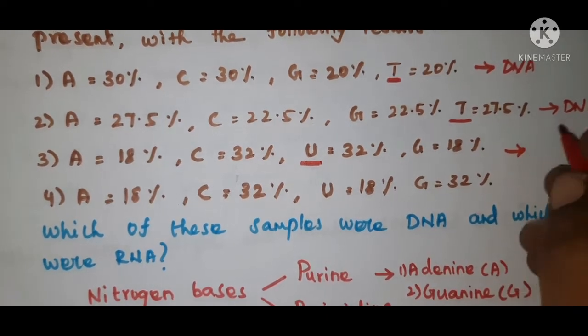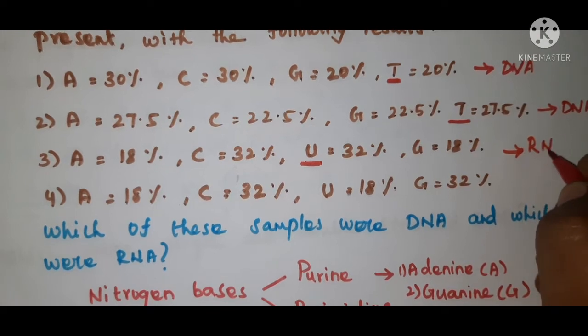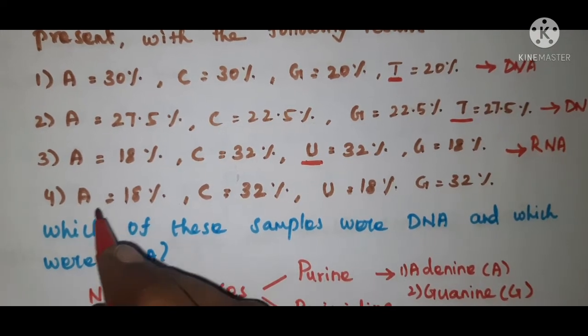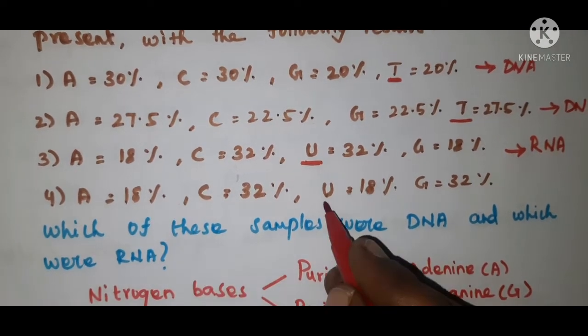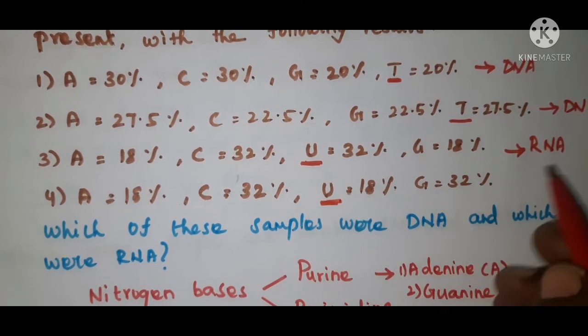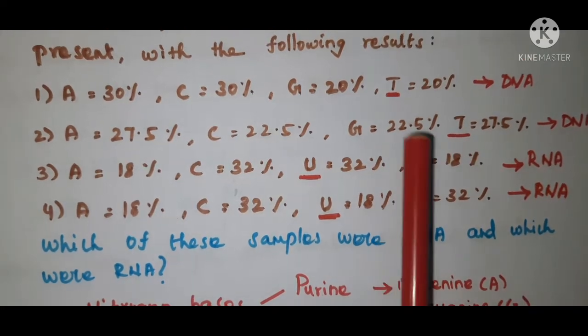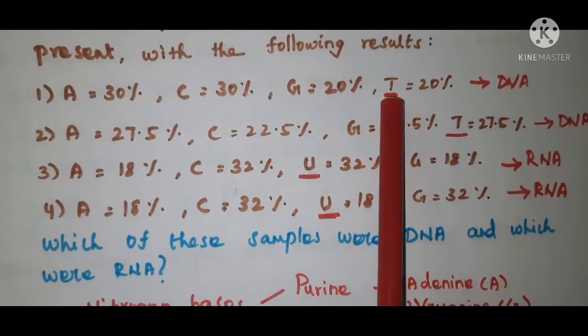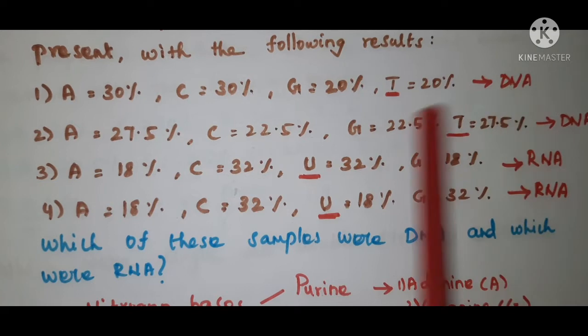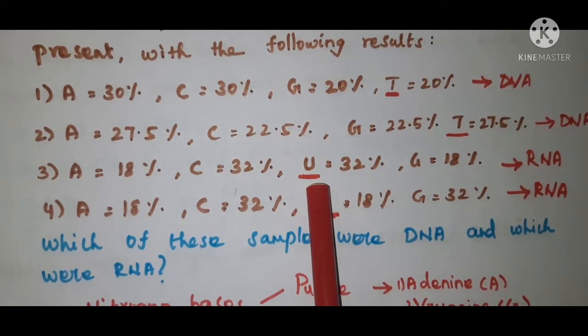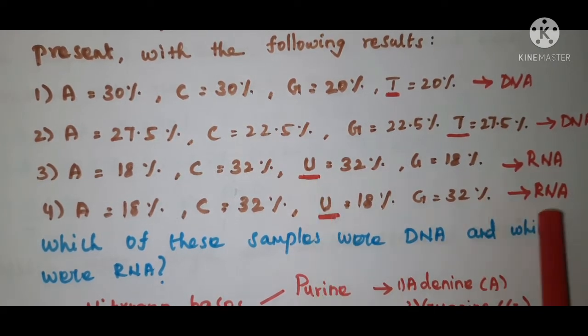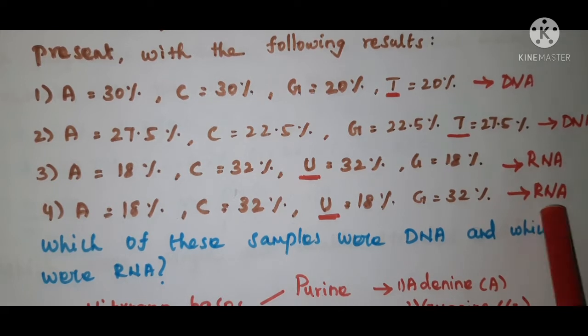So it shows the sample is RNA. And here adenine, cytosine, uracil. So this is also RNA. If thymine is present in your sample, then the sample is DNA. And if uracil is present in your sample, then the sample is RNA, that is ribonucleic acid.